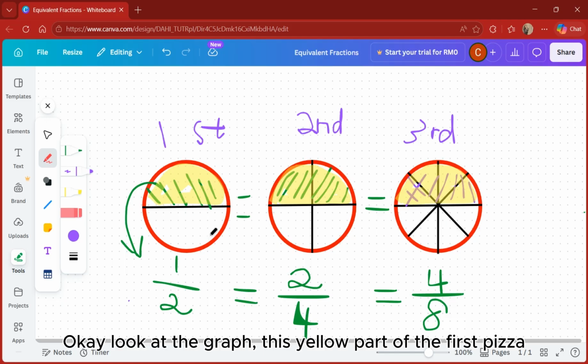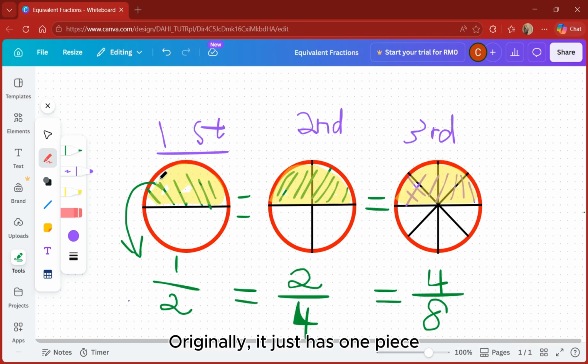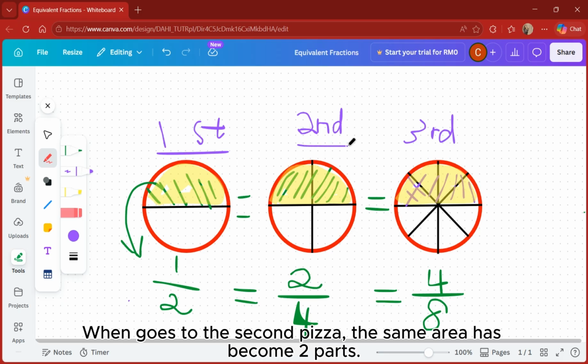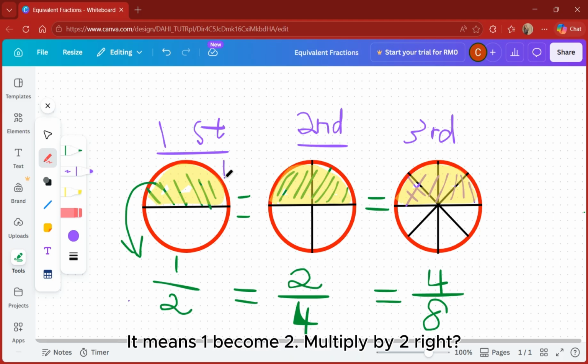Okay, look at the graph. This yellow part of the first pizza originally just has one piece. When it goes to the second pizza, the same area has become two parts. That means 1 becomes 2, multiplied by 2, right?